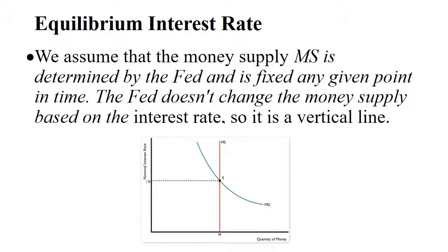They care about raising or lowering the interest rate based on getting us out of a recession or getting us out of an inflationary time period. They don't care about the price. So money supply will always be vertical. There's no profit incentive, and anytime the supplier is not motivated by profit, you'll always see a vertical supply curve.